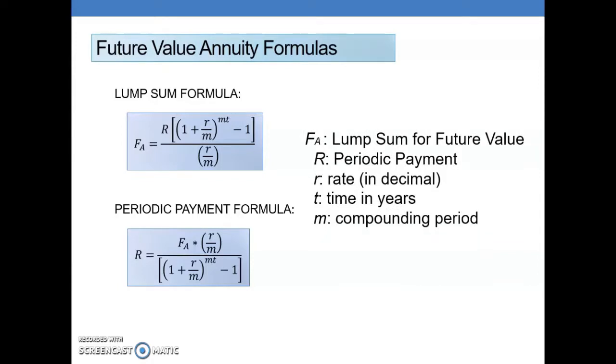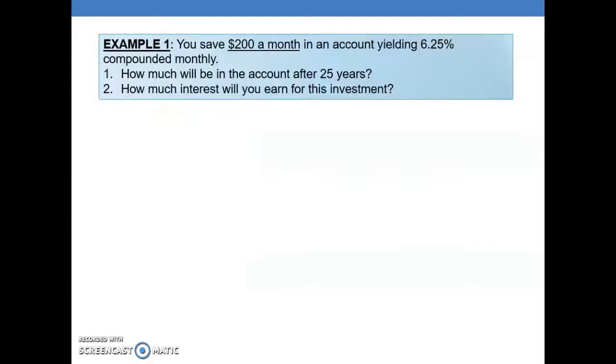So in this example, FA is the lump sum, R is your periodic payment, R is the rate, and it's always written in decimal form when you do your calculations. T is your time in years, and M is your compounding period. So by now you are familiar with these letters because you have used them in the previous unit.